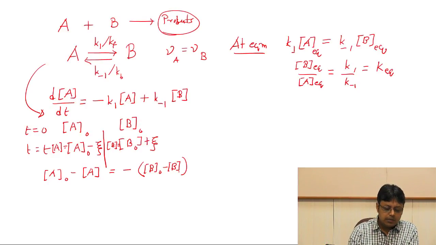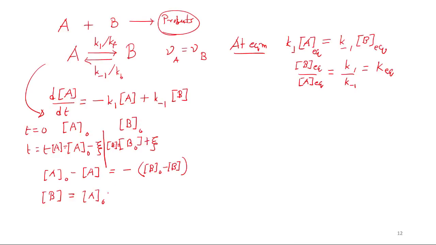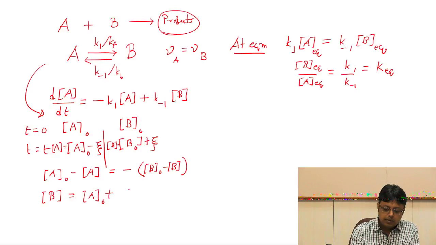Now it follows that B can be expressed in terms of A, and that is B equals A0 plus B0 minus A, because the B0 has a negative sign and we are taking it into the left hand side.